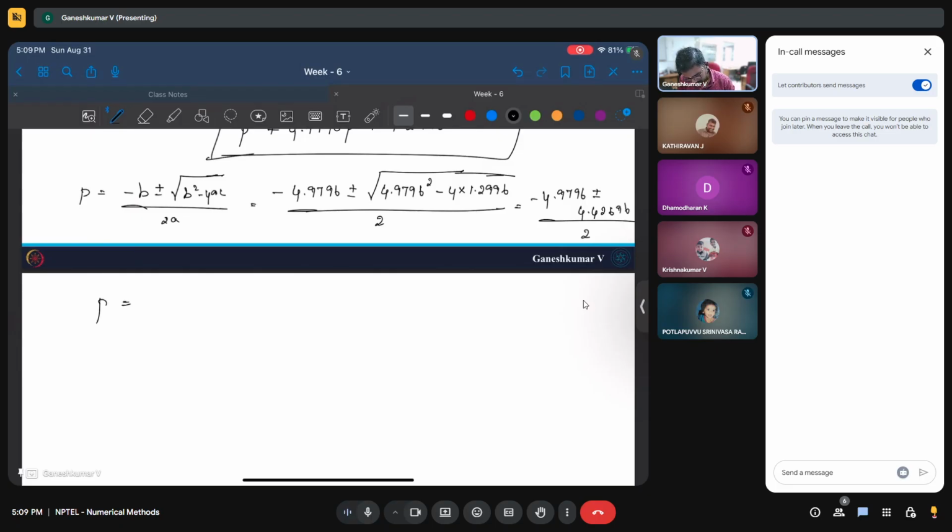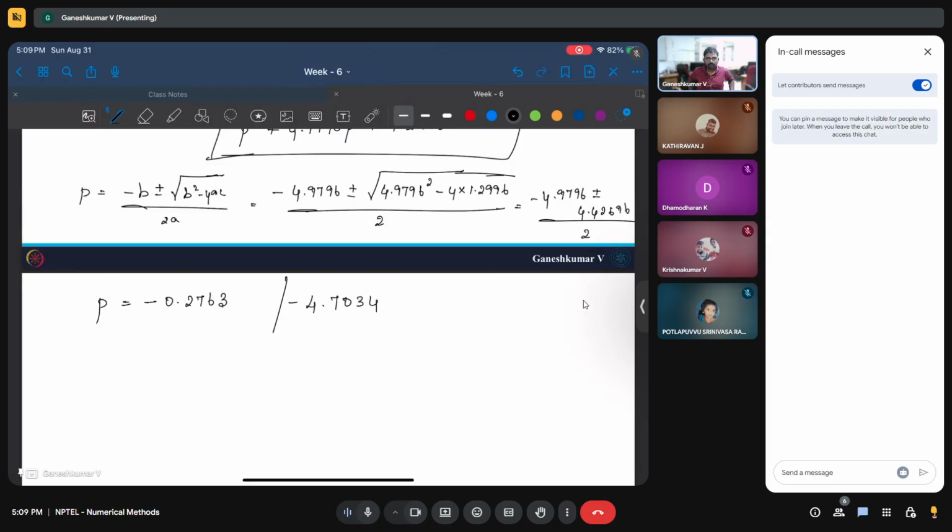So one of the p is minus 0.2763. Okay, the other p is going to be negative, more negative. So it's minus 4.42696 minus 4.9796 divided by 2. So that is going to be minus 4.074. Okay. So now we have two sets of p's.